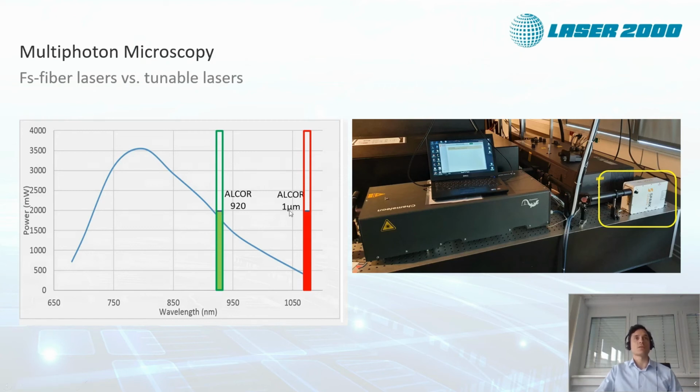And there is also a 4-watt version available, which has, of course, much more power. The effect is even more at the 1064 nanometer laser. And therefore, they developed this small system, the Spark Alcor laser, which doesn't need a lot of space on the table and is easy to handle.